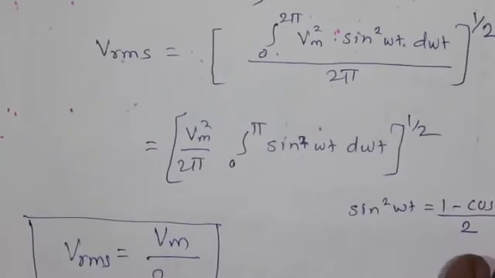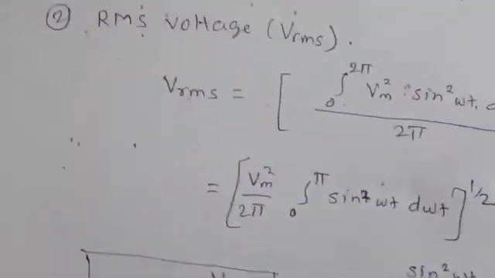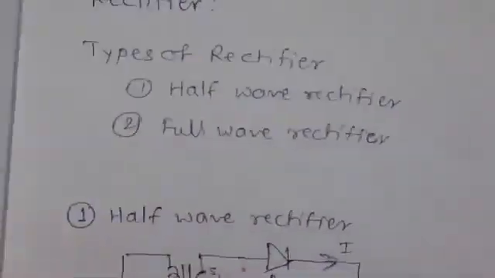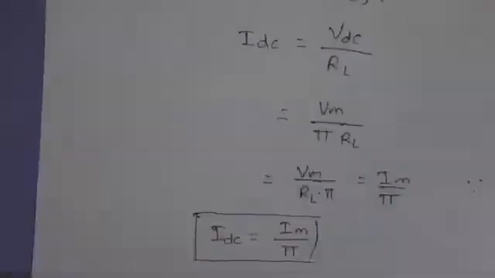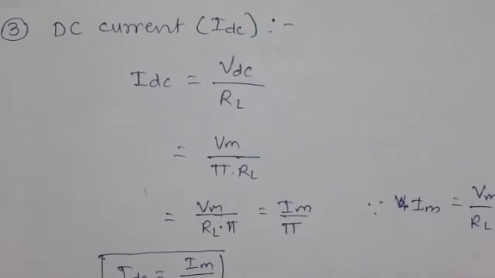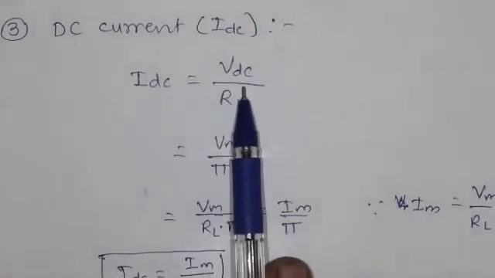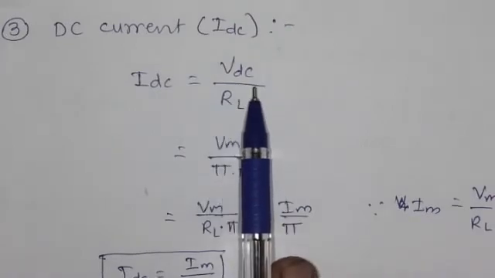Now from this VDC, the average voltage, and the RMS quantity, we have to calculate another term, that is the DC current. The DC current is given by IDC equal to VDC divided by RL. Now we must know VDC.